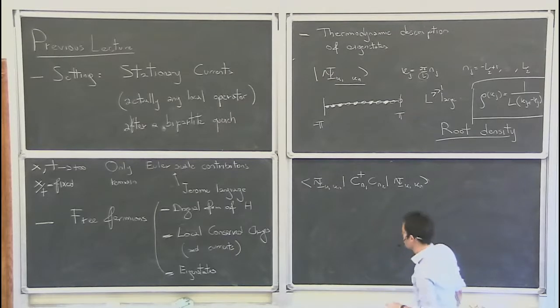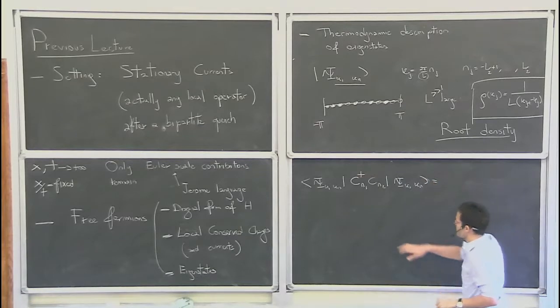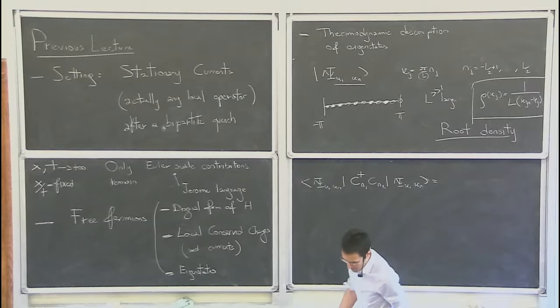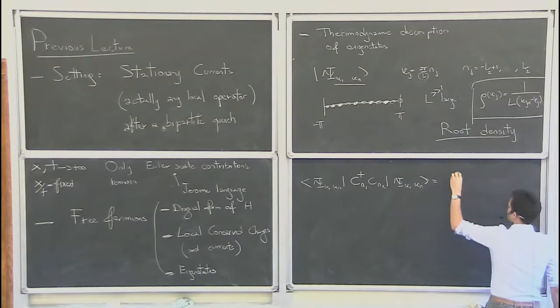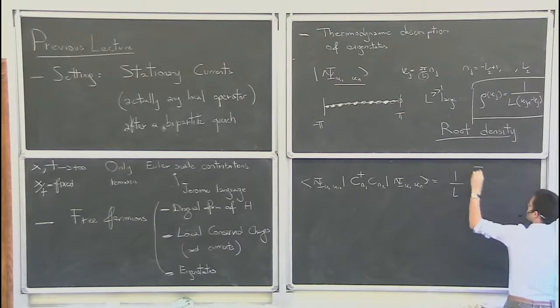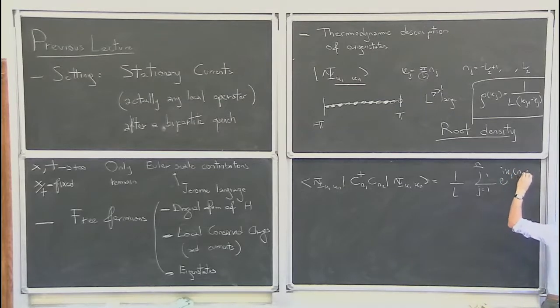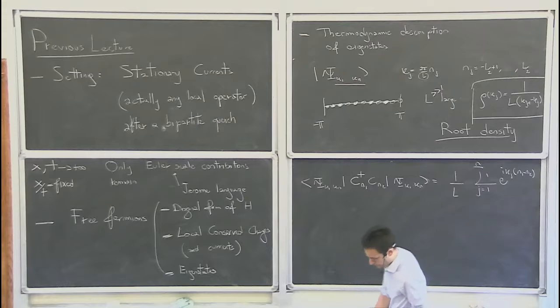To show that, we just rewrite explicitly what these operators are in Fourier space. Then we can immediately evaluate this expectation value, and what we get is this. I hope my conventions are consistent.